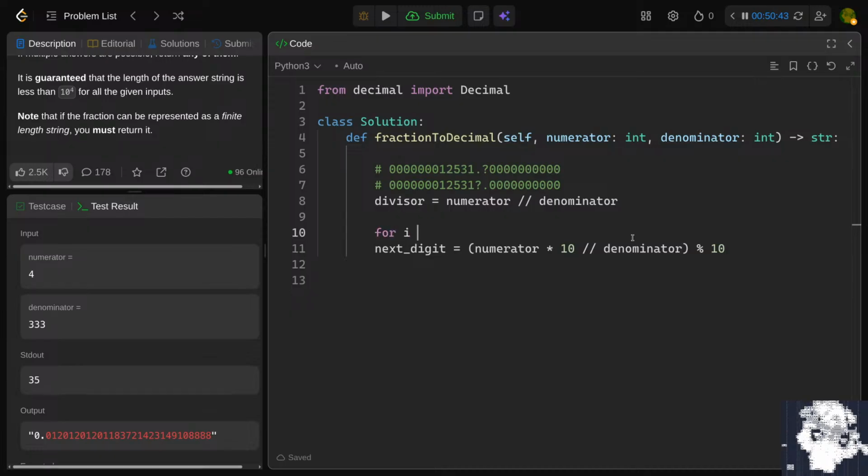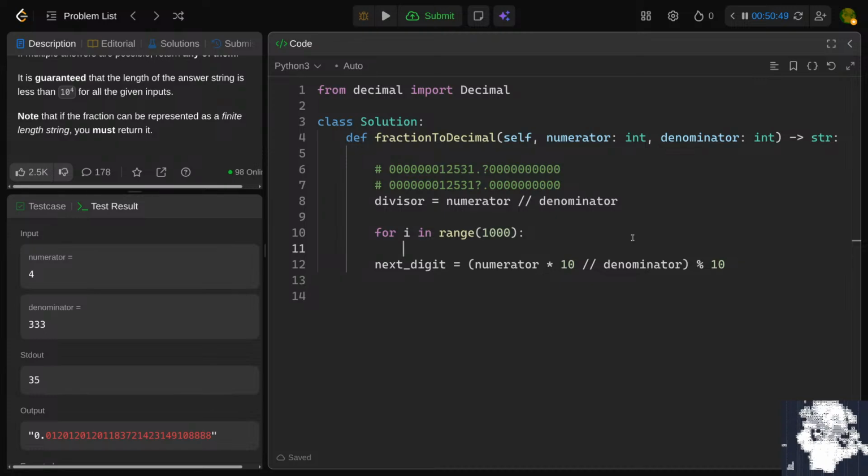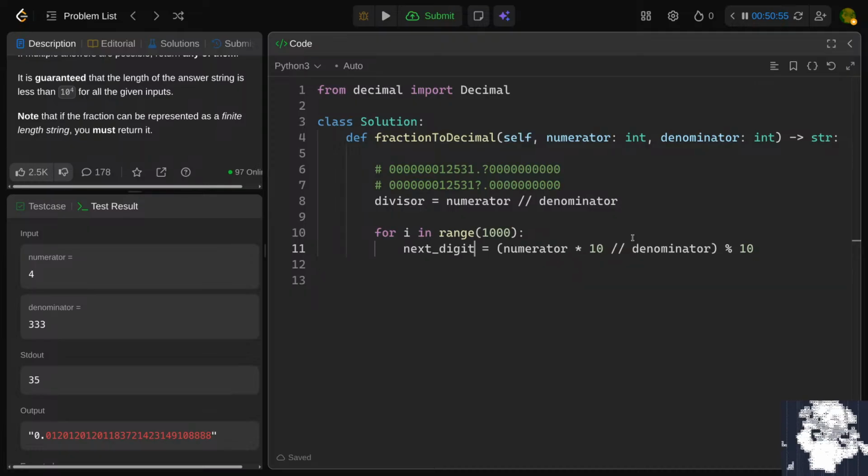So for I in range 1,000, so we'll just grab 1,000 digits. This is to the power of I. This is to the power of I. We want to start I at 1.